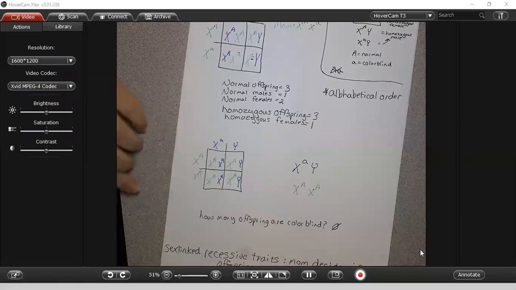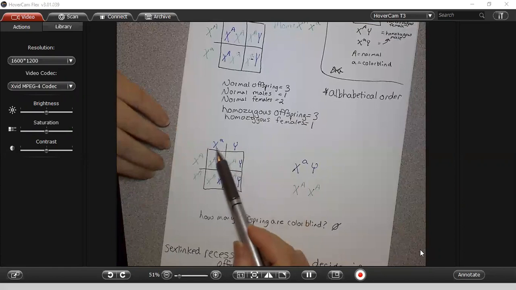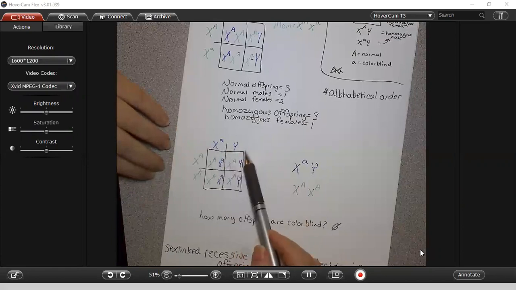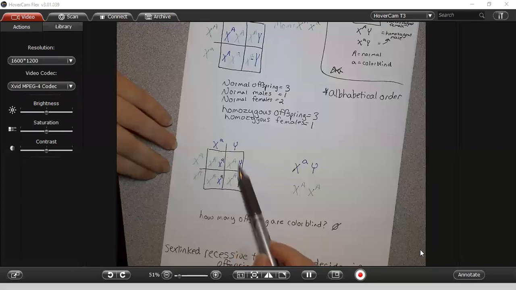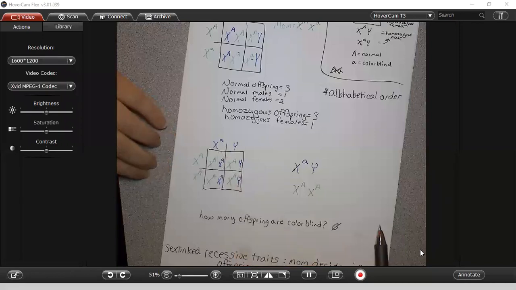The dad can only give 1 chromosome to either sex that's going to cause this. Boys, he has to give the Y. He has no control over it whatsoever. Girls, he has to give the X that he has, no control over it. So he gives what he gives no matter what. Mom is the one that has 2 X's that she can give.